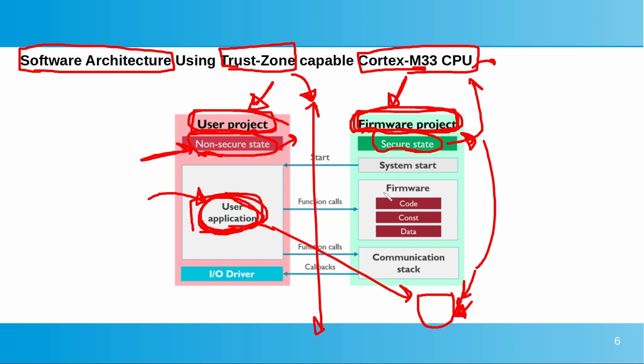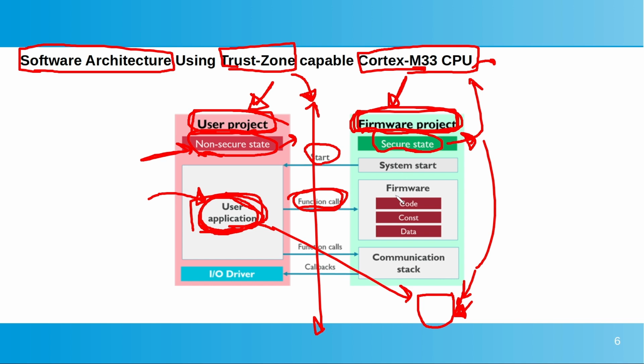Finally, at a certain moment, our non-secure application or this user-based application may require certain services from our trusted and secure firmware. Hence, we may need to communicate via certain function calls to our secure firmware. So the user-based application will initiate certain requests and function calls to our trusted firmware.